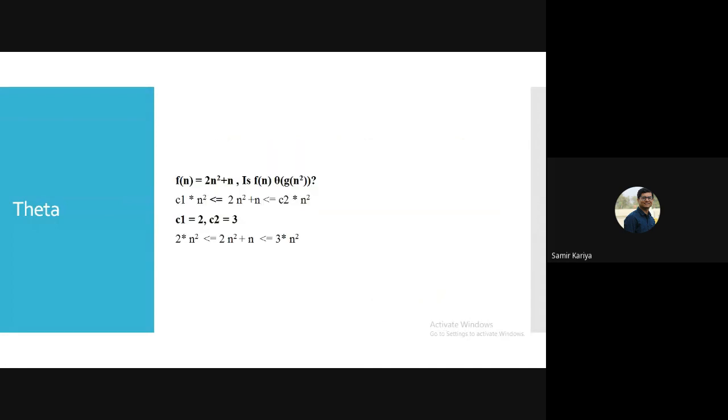Let's see the example. f of n is equal to 2n square plus n. So we can write this as theta of n square. Here we have to give the answer yes or no. Take c1 into n square, that's g of n.